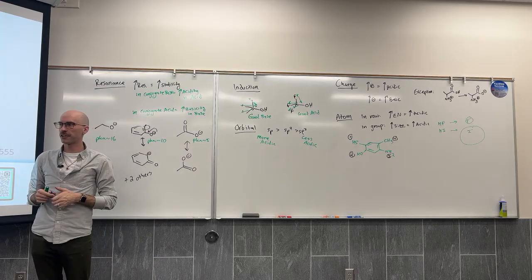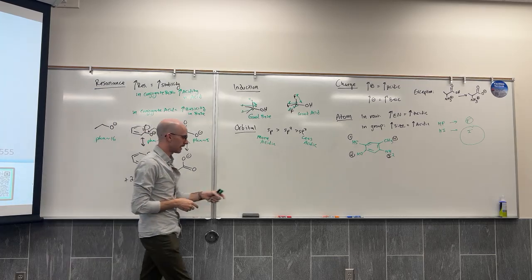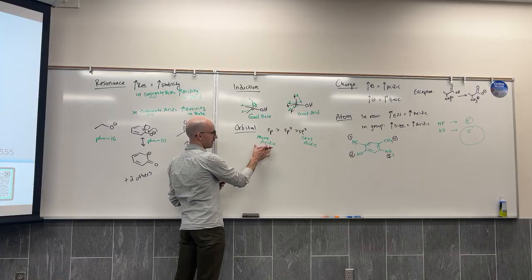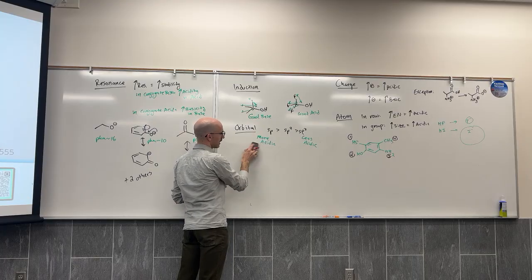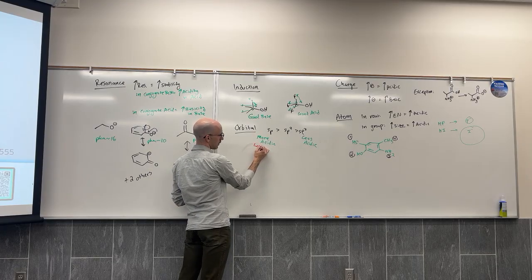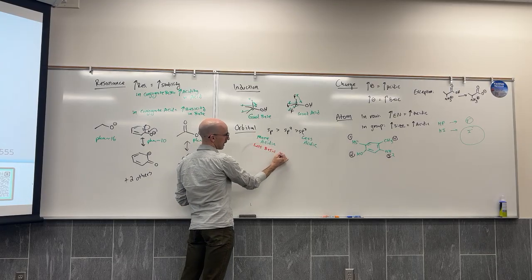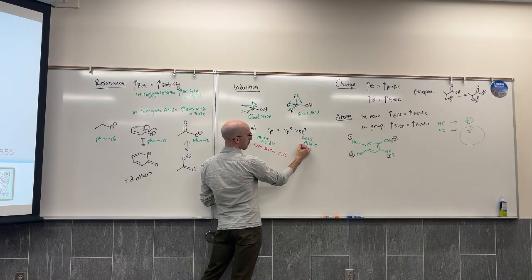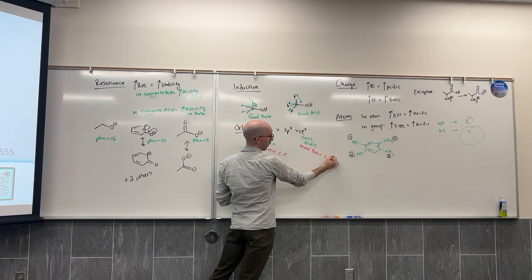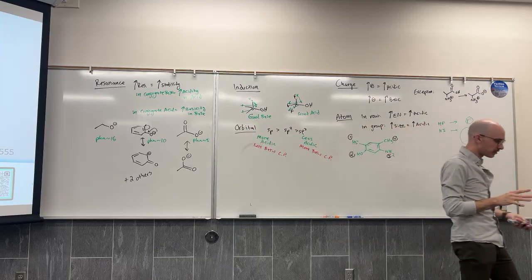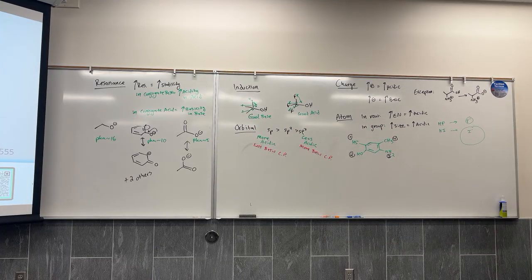Less s character is less acidic, but we can flip this, and if we're talking about lone pairs, sp is a less basic lone pair, and sp3 is a more basic lone pair. So we have two different sets of structures, one that compares carbons, one that compares nitrogens.